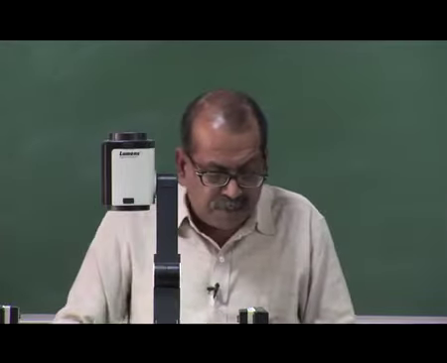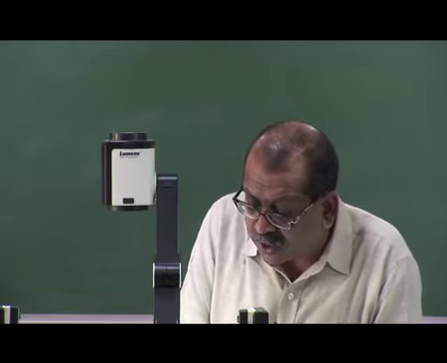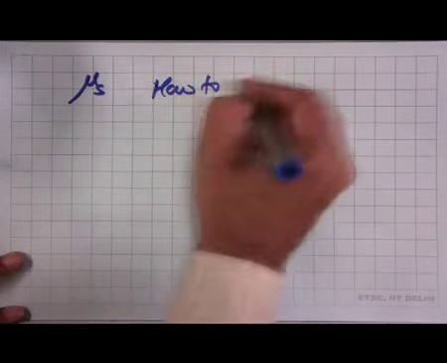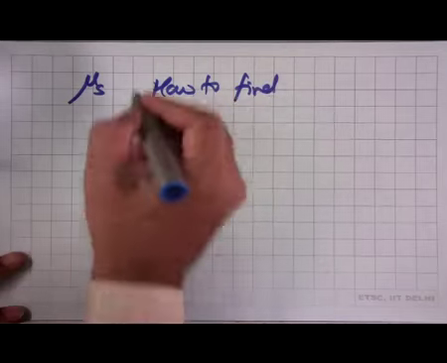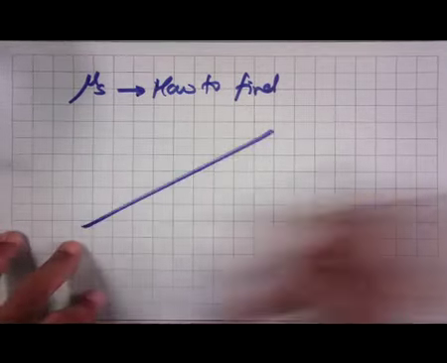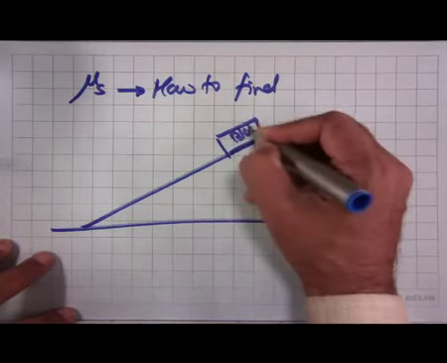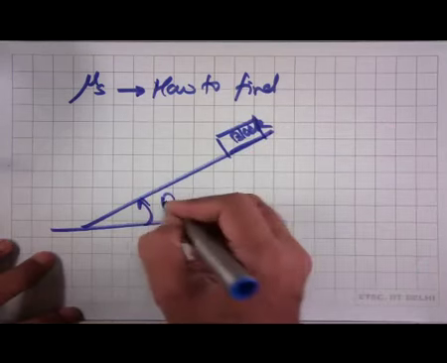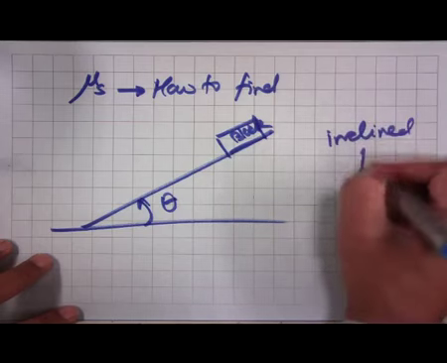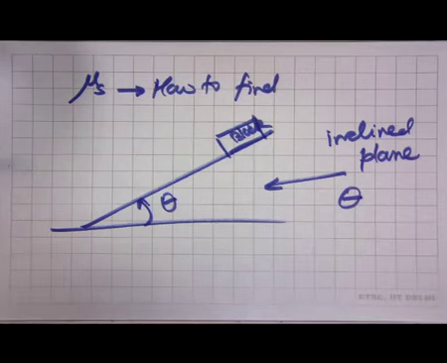A similar example comes, and this is often used to find how do we work out the value of mu s. And let us look at it. Suppose we have a block or a coin kept on an inclined plane, and the angle is theta.